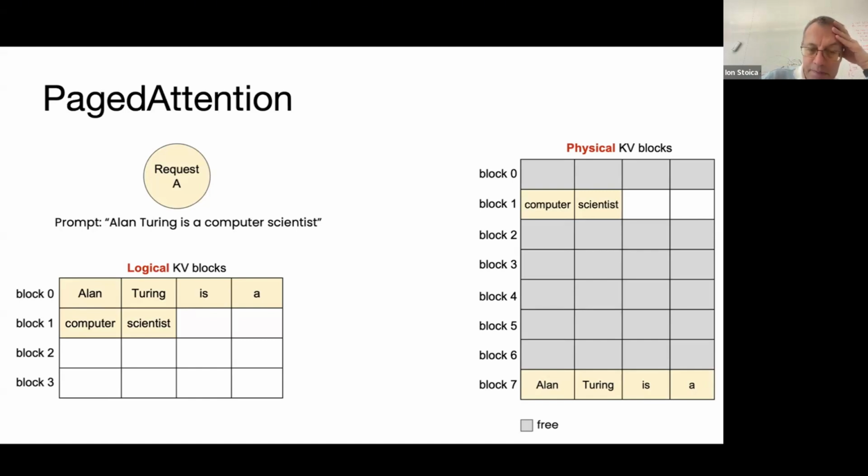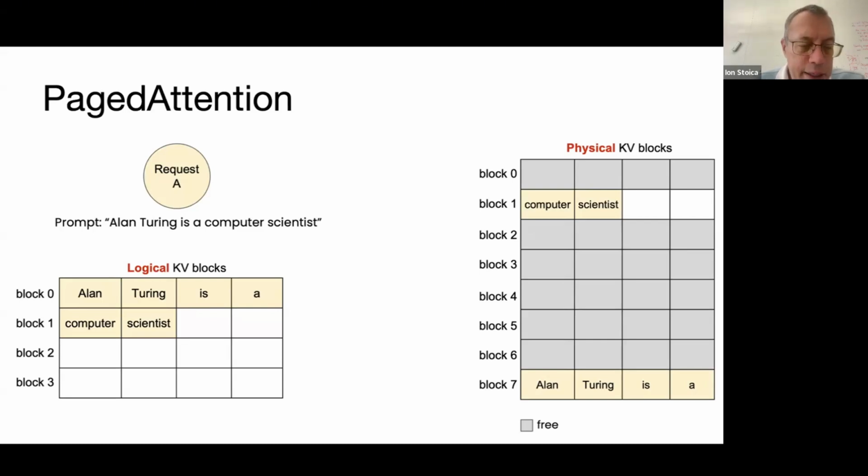In the operating system, for instance, a page can contain 4 kilobytes or 16 kilobytes. A block in this example has 4 tokens, right? It's a fixed size. And the block is a unit of allocation, right? You allocate memory in terms of blocks.